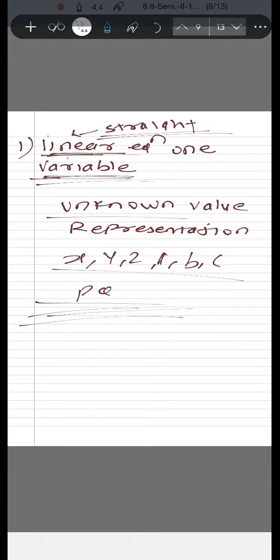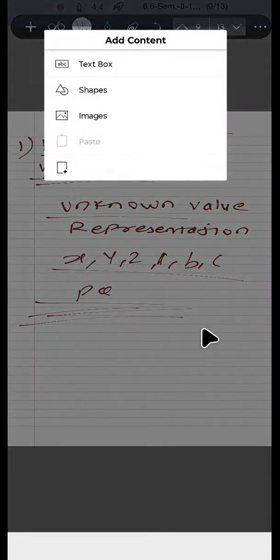Okay, so here we will start the linear equation in one variable. Now what exactly does that mean, we have already discussed, correct? Linear equation means a straight line, and in one variable.